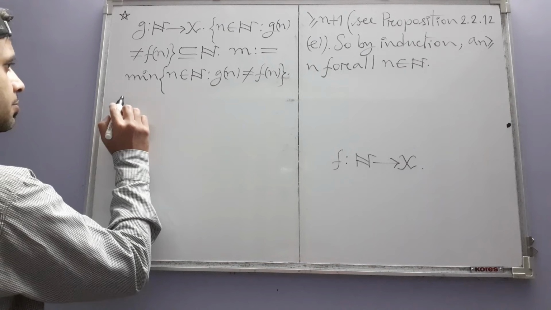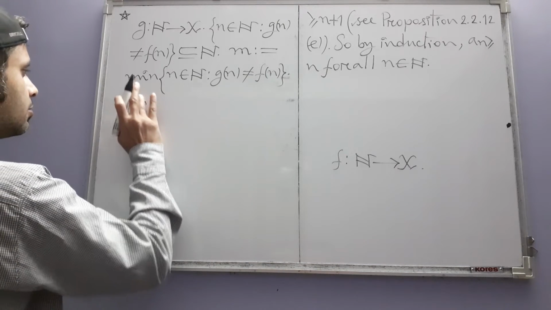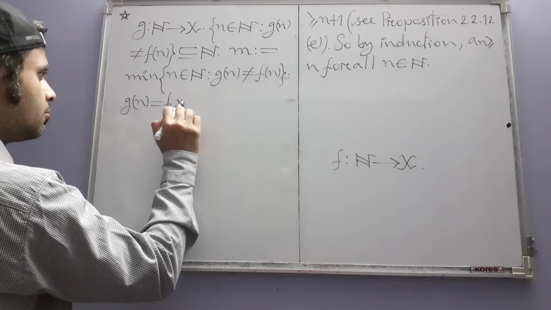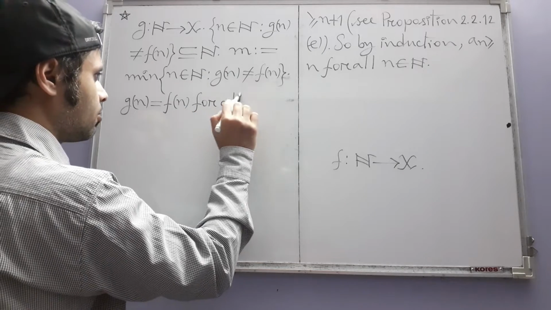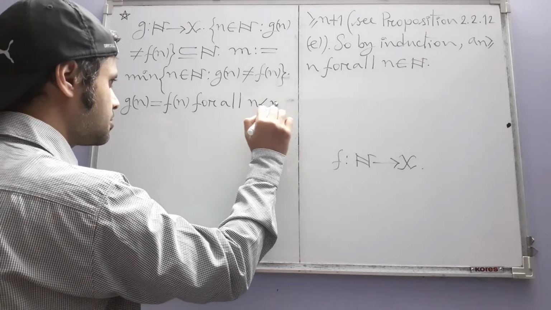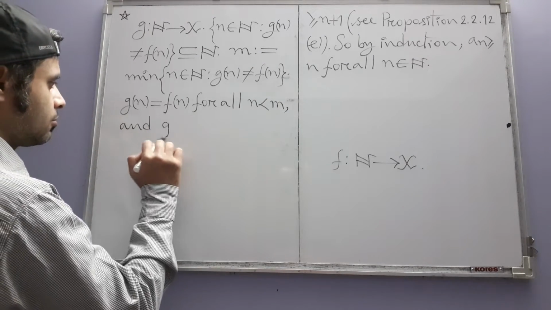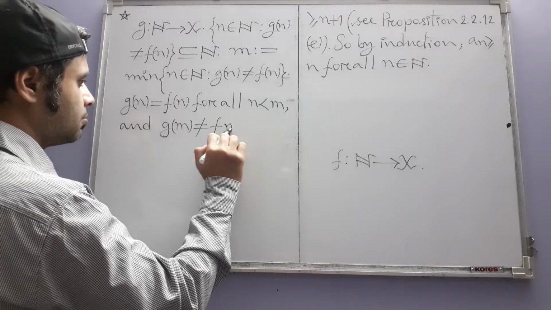So that means g of n is equal to f of n for all n less than this minimum, and g of m is not equal to f of m.